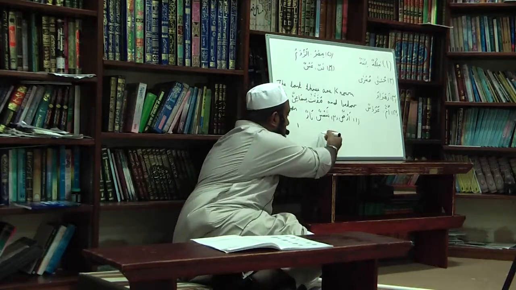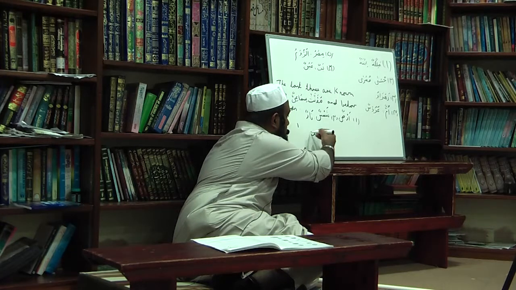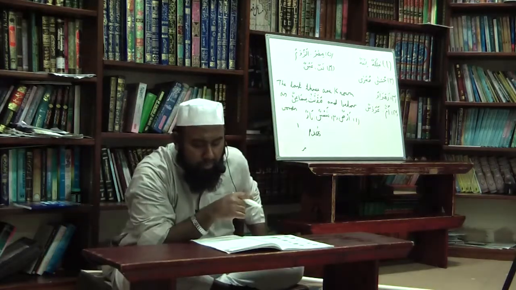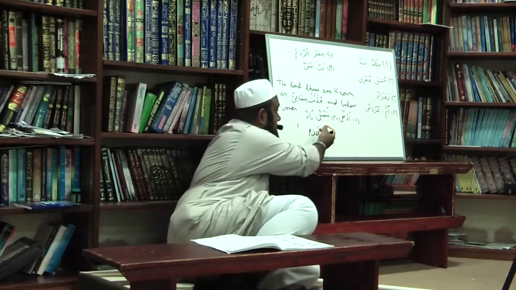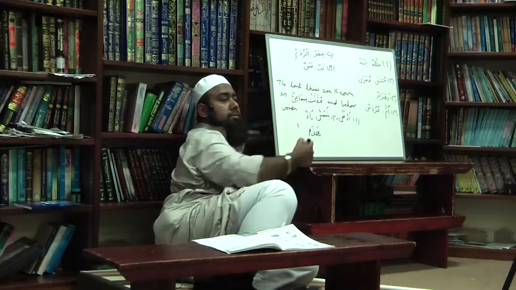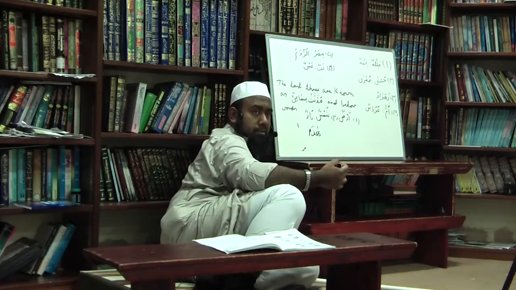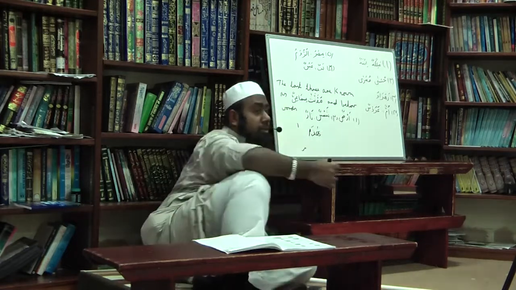I don't know why it's written like that. Is that a printing error, or is it because it's done by computer and they can't do it? It should have the long fatha on it. But I'm talking about the diacritical marks.